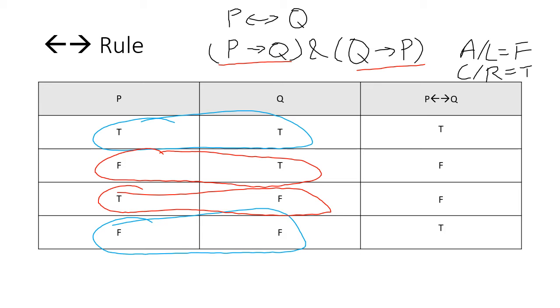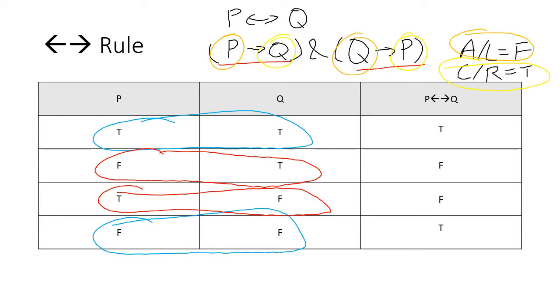So if we think about it in these terms, the only situations in which this works out is where P and Q are both false. So that one would satisfy this group. And then the opposite, wherever these two are true, it would be true.